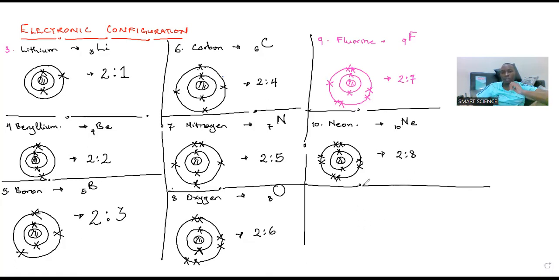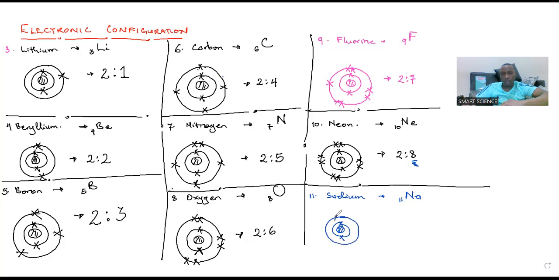That means in case we have another element coming, that element should attain a third shell, because the second shell can no longer accommodate any more electrons. So when we come to element number 11, which is sodium, symbolized by capital N and a small a, atomic number is 11. If this is our nucleus, first shell will take up a maximum of 2 electrons.